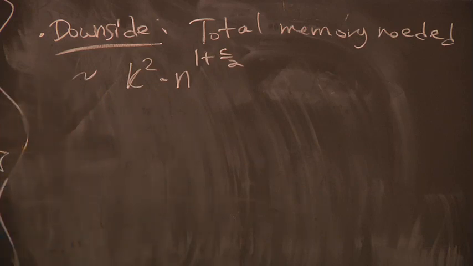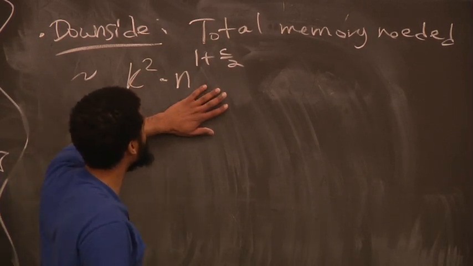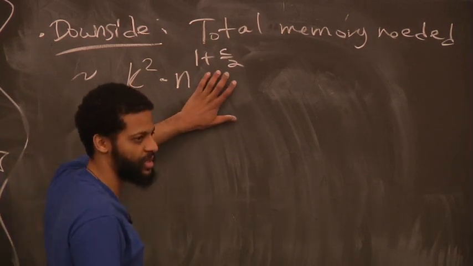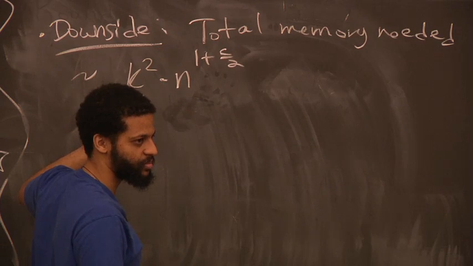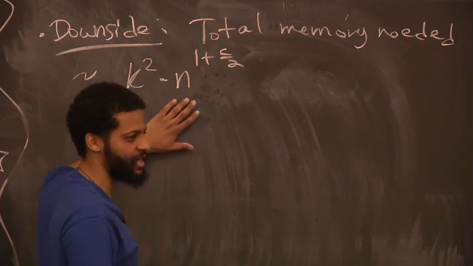Okay? What we said was that none of the induced graphs have more than n to the 1 plus c over 2 edges. There are k squared of them. So if you sum up the memory used over all machines, it's something like this.